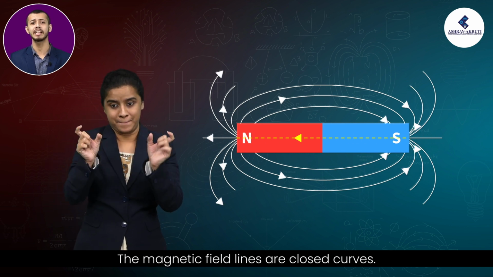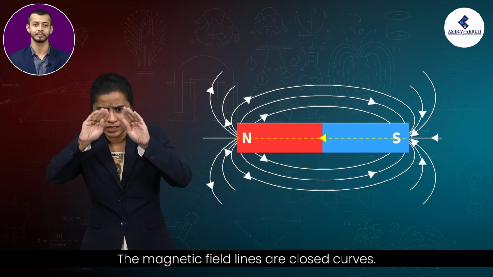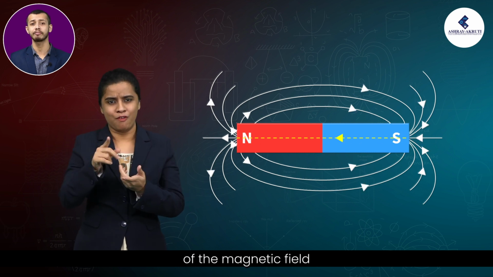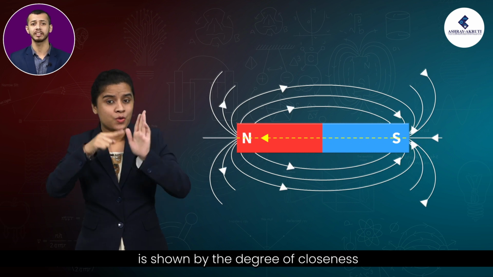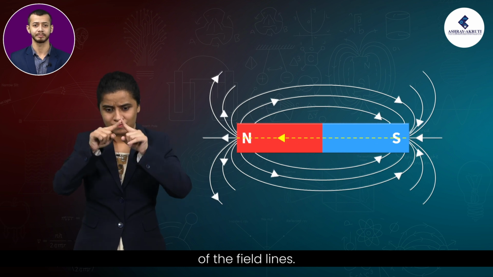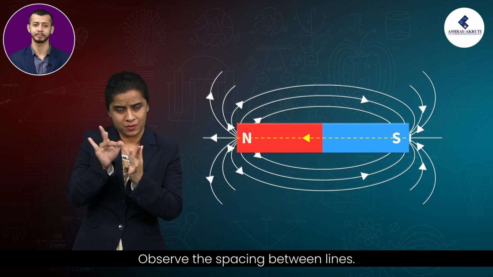The magnetic field lines are closed curves. The relative strength of the magnetic field is shown by the degree of closeness of the field lines. Observe the spacing between lines.